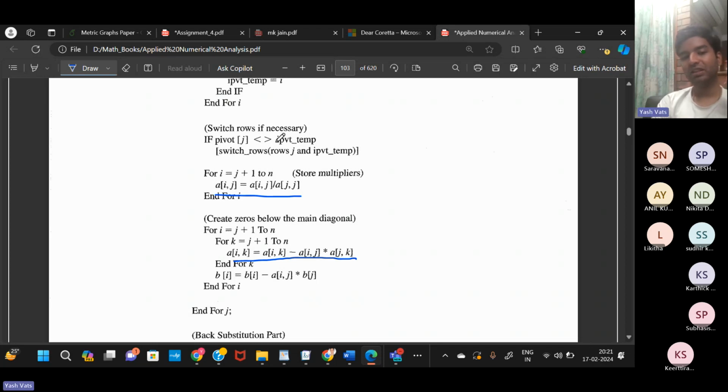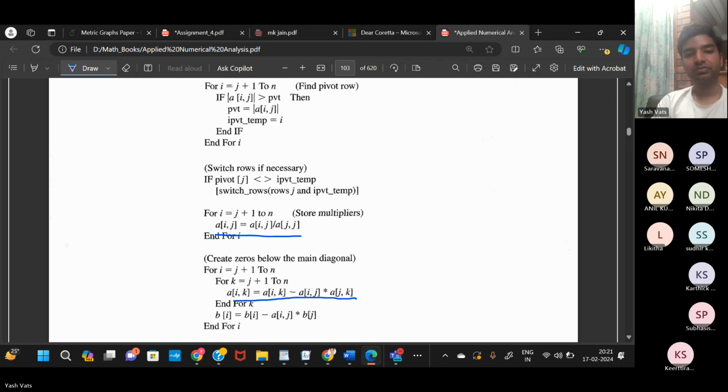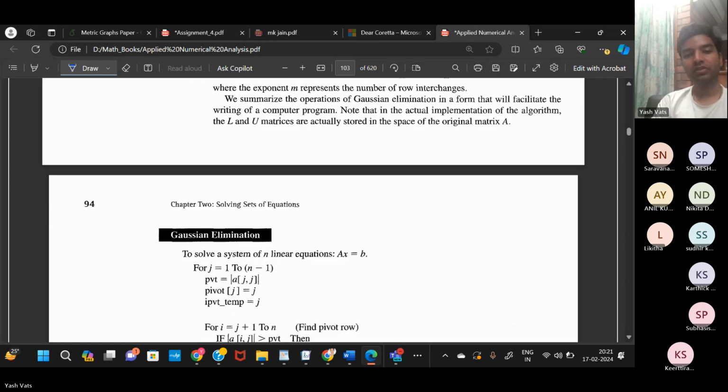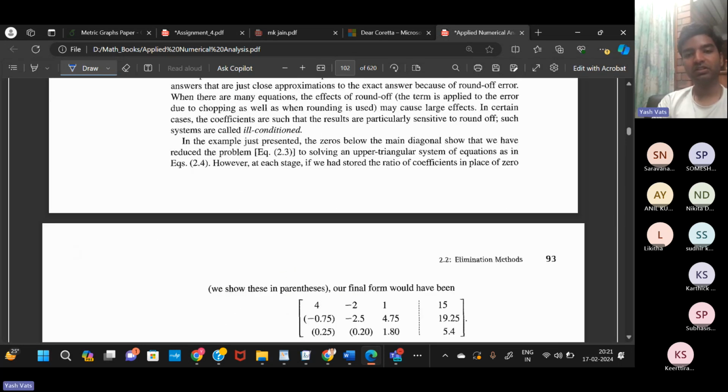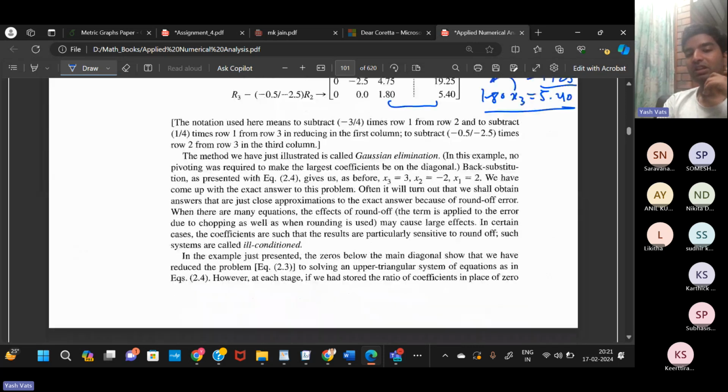So in every step you are doing division and multiplication. What is the first operation here?